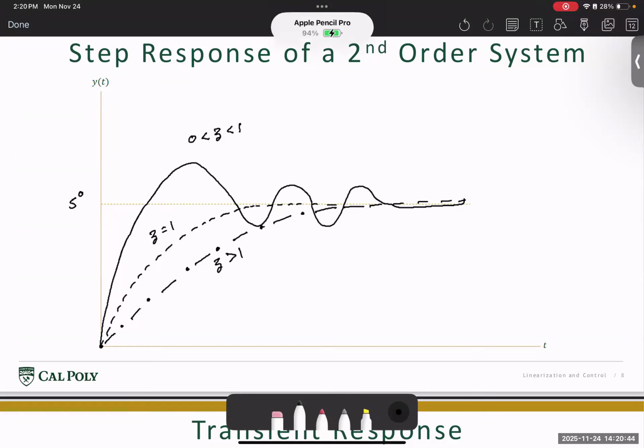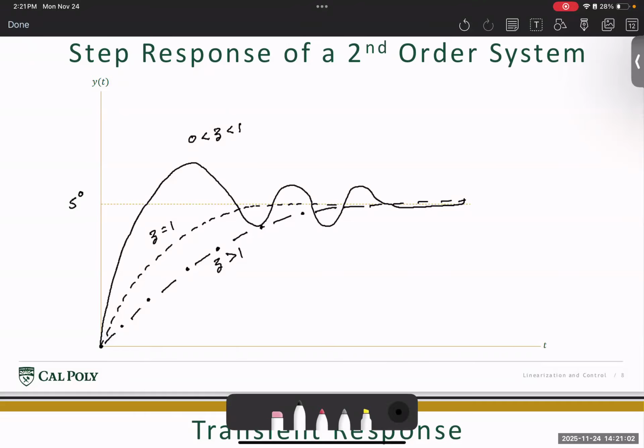All right. So this gives control system designers some flexibility in how they want to control the aircraft. A good example: let's say you are trying to design a control system for a fighter jet.